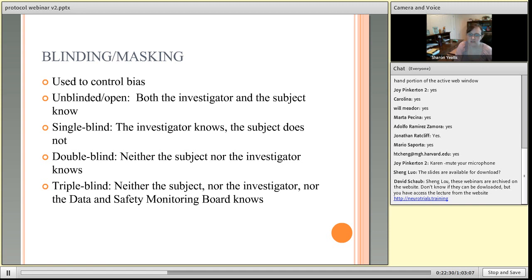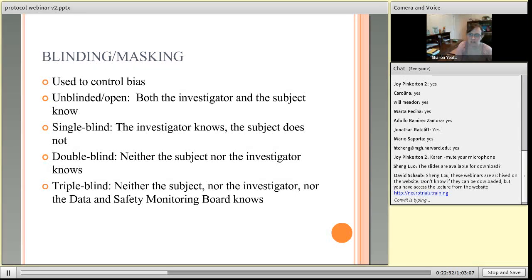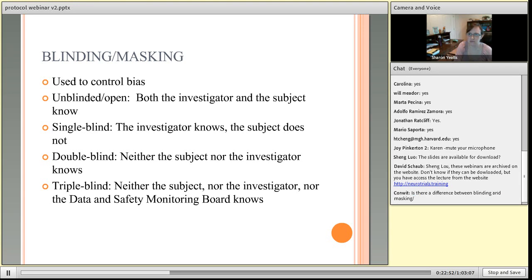Bias is referred to as a systematic effect, okay? Blinding and masking is used to control the bias that can come from either the investigator or the subject knowing which treatment they received. And this is pretty easy to think about, right? In an unblinded study, both the investigator and the subject know what they received.